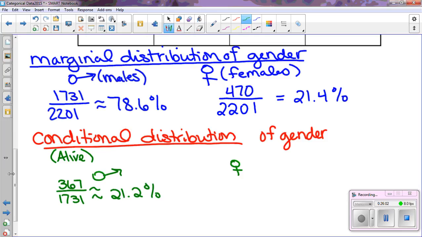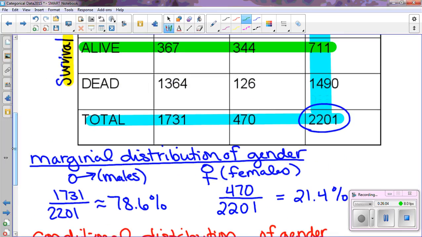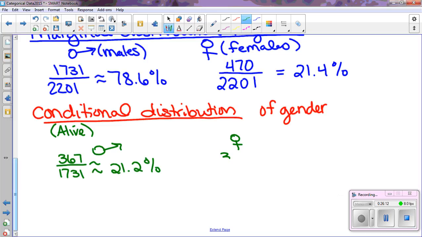Okay? And then let's go ahead and look at the other one. It'd be 344 divided by 470. What percent is that? 78.8? Is that what you guys got? Did you get 21.2 over here?